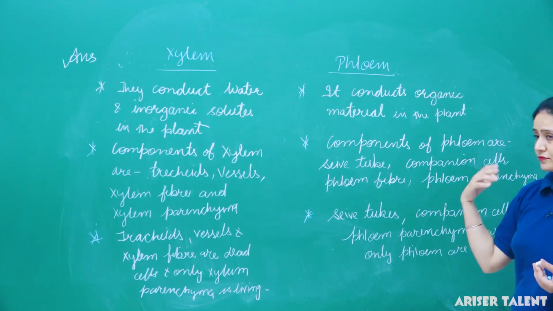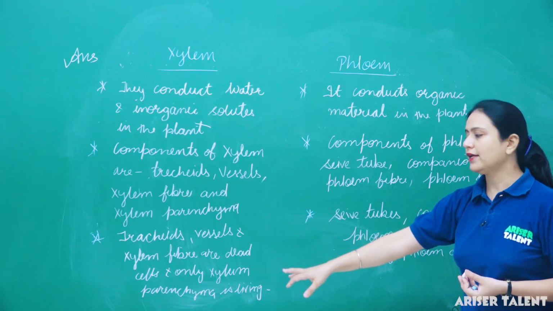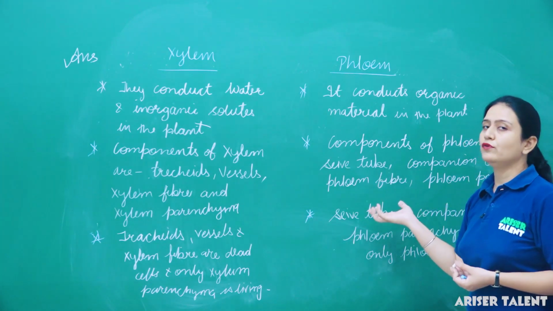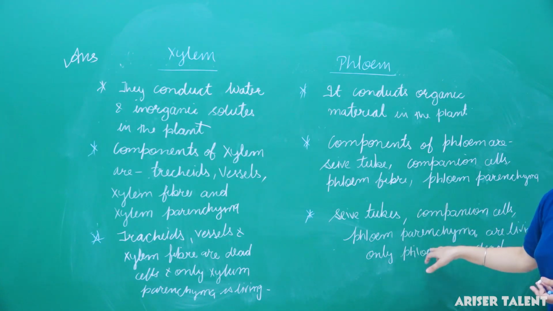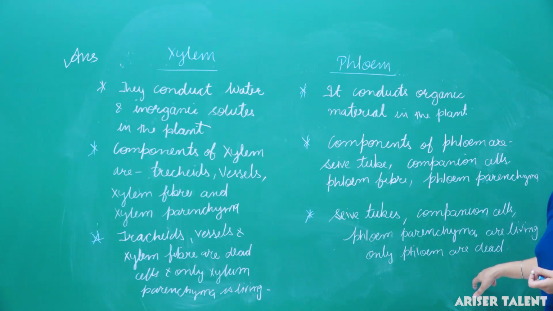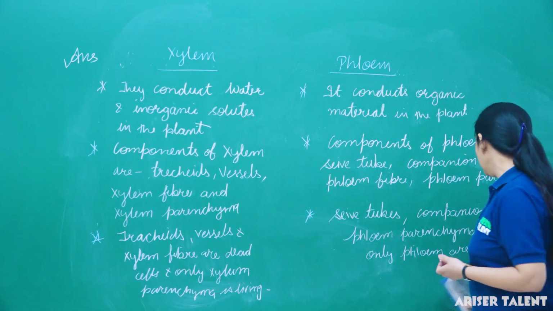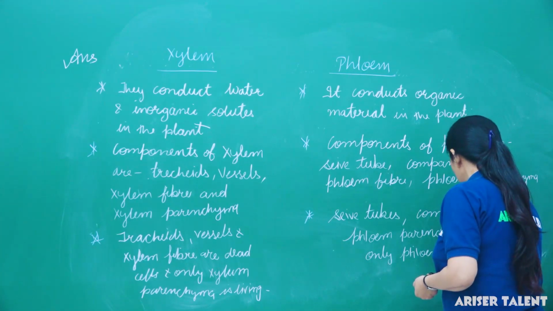In the xylem, most of the components are dead, only the xylem parenchyma is living. But in the phloem, most of the components like sieve tube, companion cells, phloem parenchyma are living, and only phloem fibers are dead.